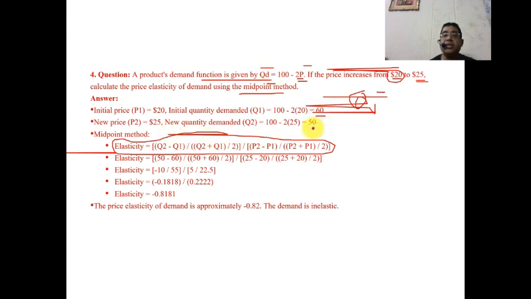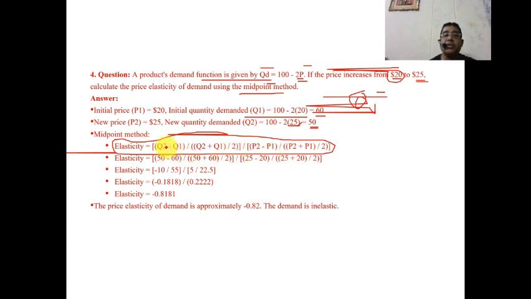This is 60 and 50. Suppose in the first case we put the value of 20, we will get 60, and when we put the value of 25 we will get 50. So 60 and 50 become Q1 and Q2.